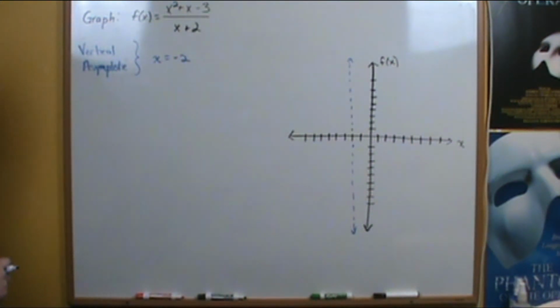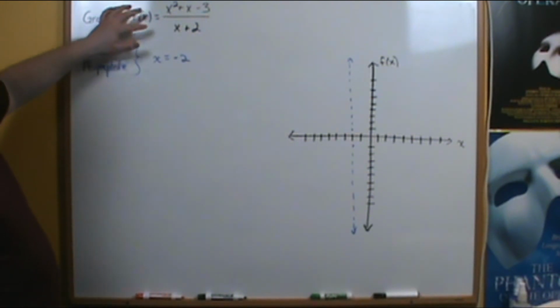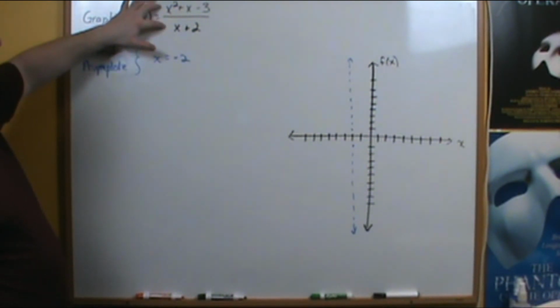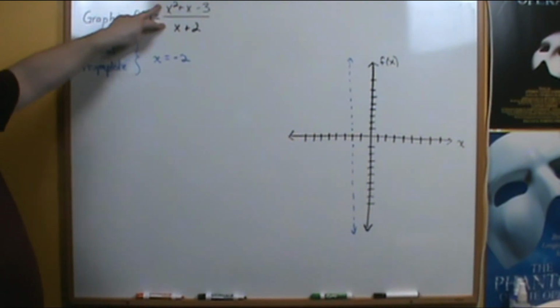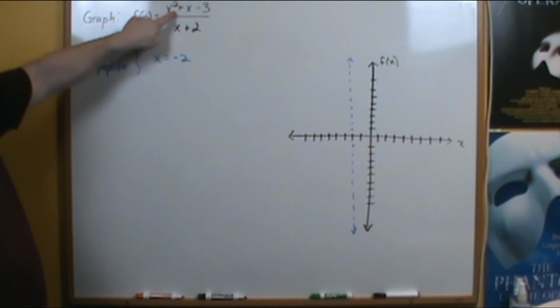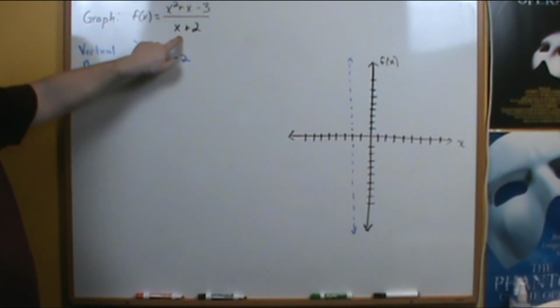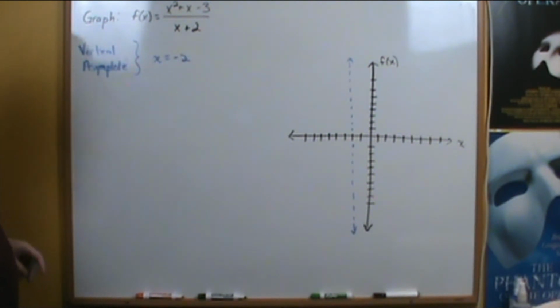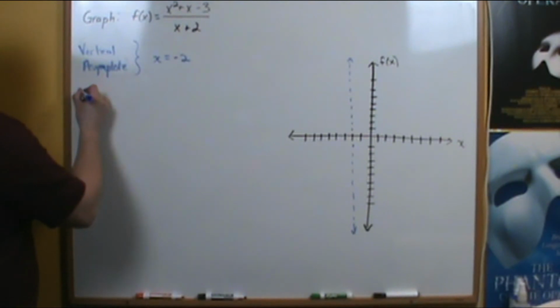And then we need to find a horizontal asymptote, or another asymptote. What you should notice here is the degree of the numerator is 1 higher than the degree of the denominator. The degree of the numerator is 2, degree of the denominator is 1. So that tells us we're going to have something called an oblique or a slant asymptote.